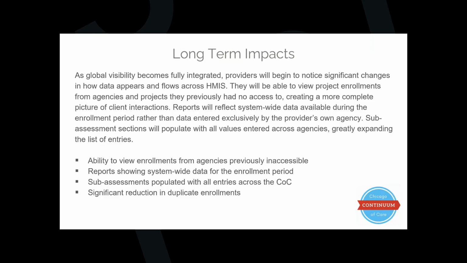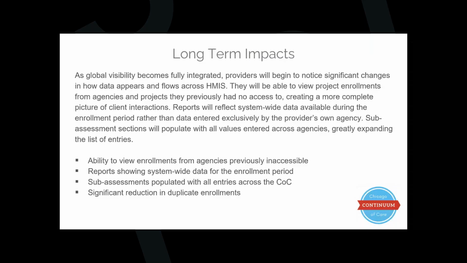Previously, if you had a client that got referred to you, you might only see coordinated entry. Going forward, you might be able to see the client's interaction with projects prior to coordinated entry. So maybe an enrollment into street outreach that led into an enrollment into emergency shelter that led into coordinated entry and permanent supportive housing. You'll now have that full scope of a client once the global data starts to catch up.